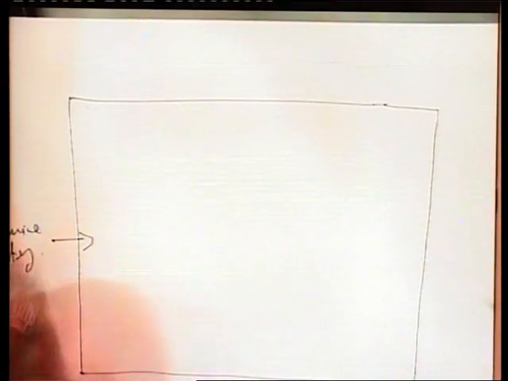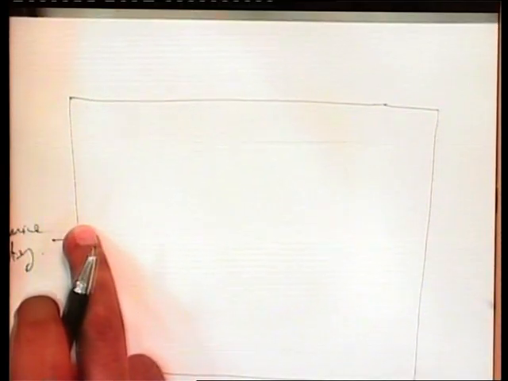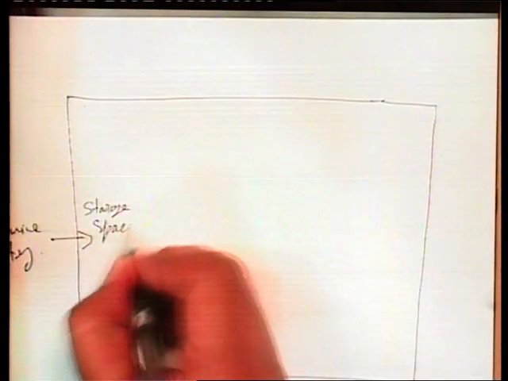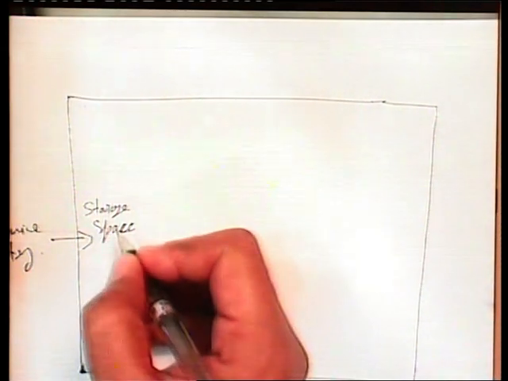Here I will show you a simple design of a cafeteria. Say this is available space. First we can have service entry. This is service entry. This will go to storage space. Storage space.